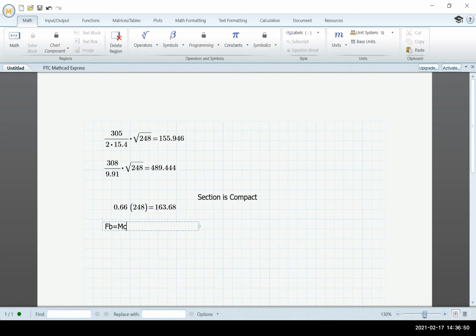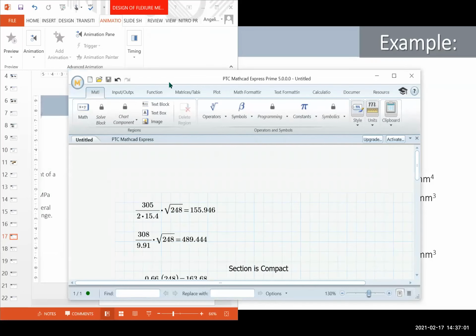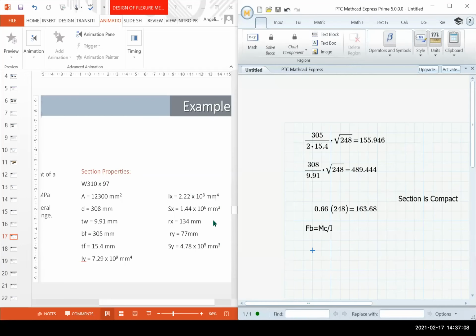Ang formula ng bending stress is equal to MC over I. Now, since ang given sa problem, check natin, may I bang binigay? Binigay naman yung I, pero meron tayong S. Mas magandang gamitin yung S, kasi pwede din kasi itong FB. FB is also equal to M over SX. So, ito na lang para mas madali.